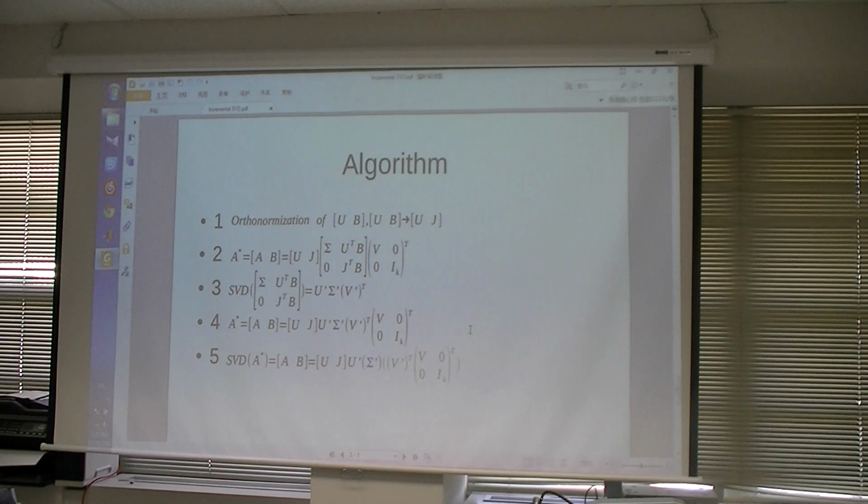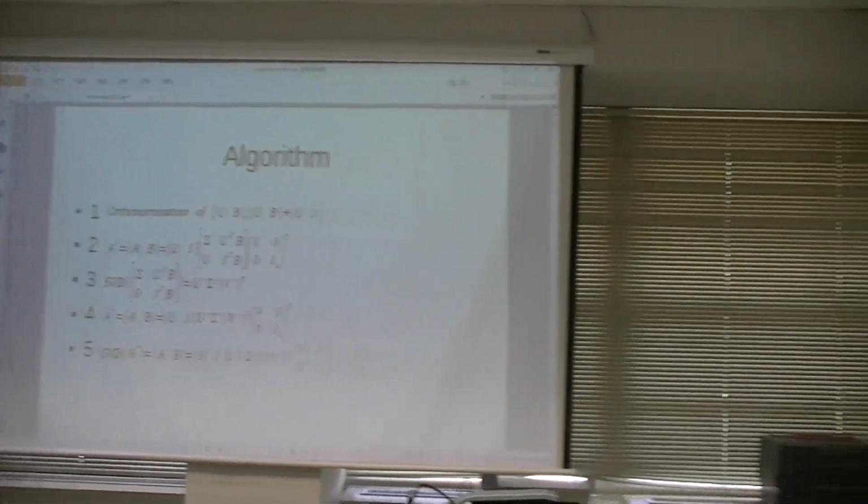So the steps of the partitioned singular value decomposition: we have new data B. First of all, we use an orthonormal decomposition of B, and we get U and J. This U is orthonormal, and G is also orthonormal, times something.